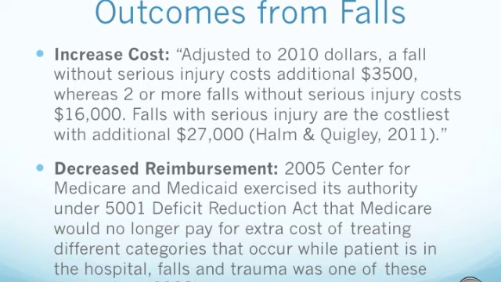Litigation is always a possibility for any adverse outcome that occurs in the hospital setting. Also, long-term effects of falls for these patients include, after any hospitalization, geriatric patients may require post-acute placement either in a skilled facility, acute rehabilitation facility, or even possibly long-term placement facility.